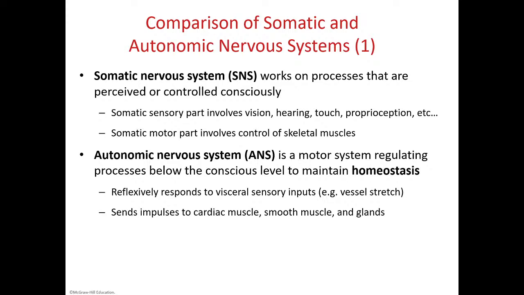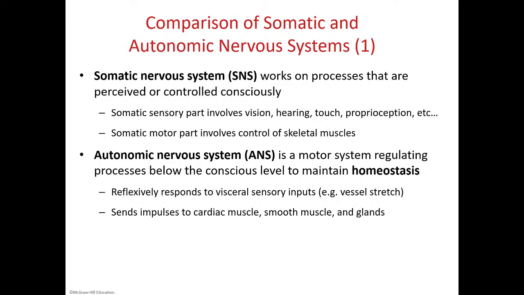This works on processes that are perceived or consciously controlled, for instance, all the things that we're consciously aware of: temperature, pressure, pain, and vibration coming from the skin, joints, bones, and muscle. That's the sensory division of the somatic nervous system. And then the motor division controls skeletal muscle, which we can consciously control.